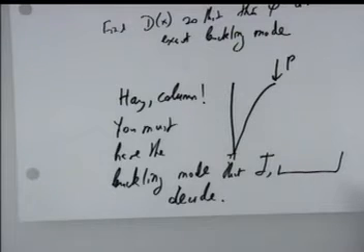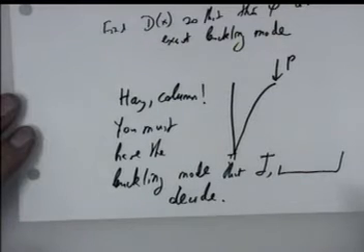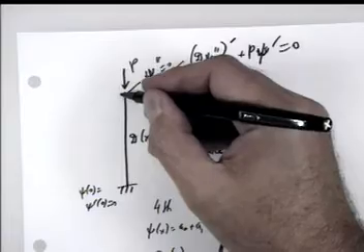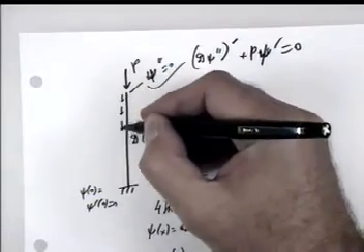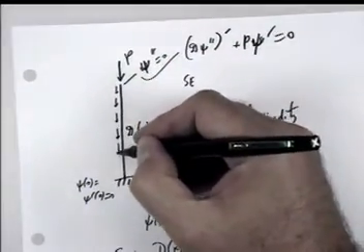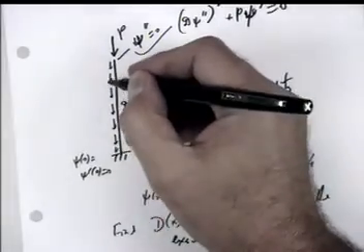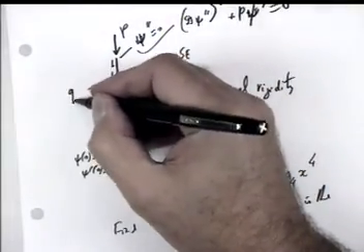You are telling the column how it should behave. You become suddenly a boss of the column. Now the only difference from that problem is that this has also a distributed load, Q sub 0.